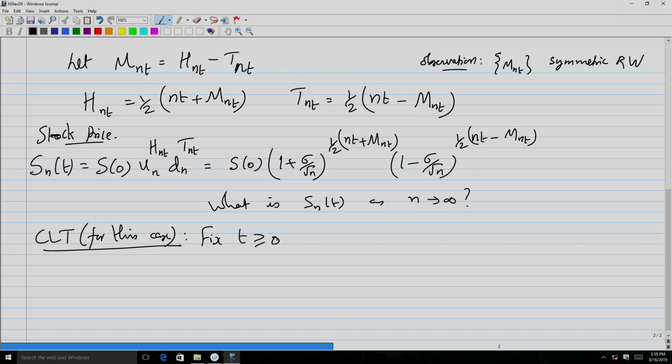It is the following. You fix a t. Now, as n tends to infinity, the distribution of 1 over root n times M_{n_t}. Remember, we are assigning an addition to this process of 1 for every up movement and minus 1 for every down movement, and then you are scaling it.